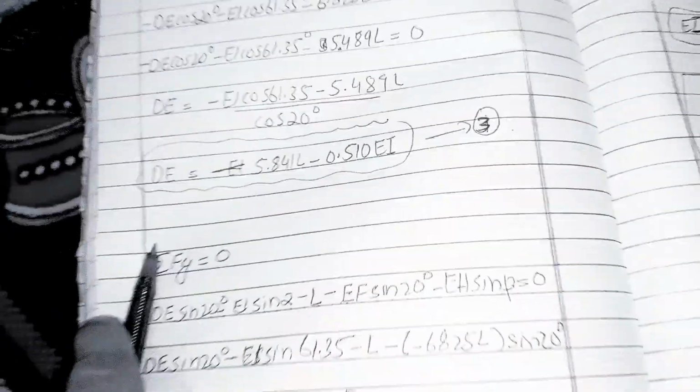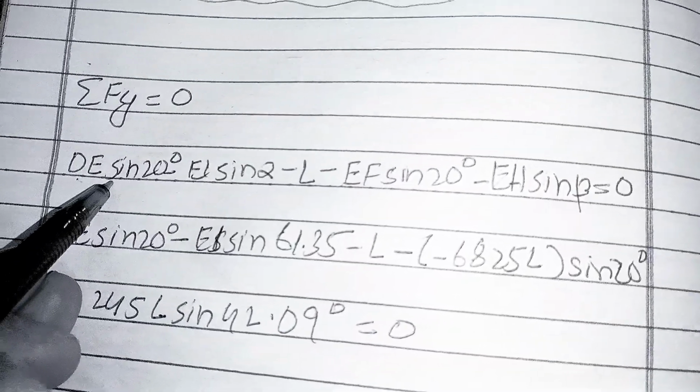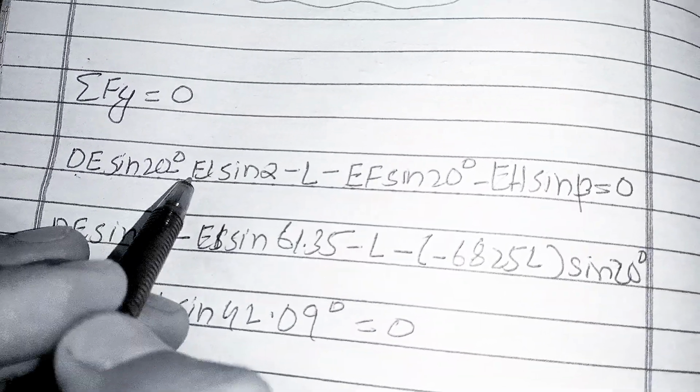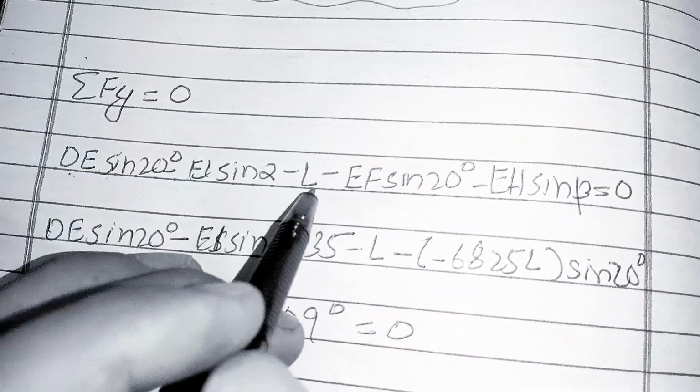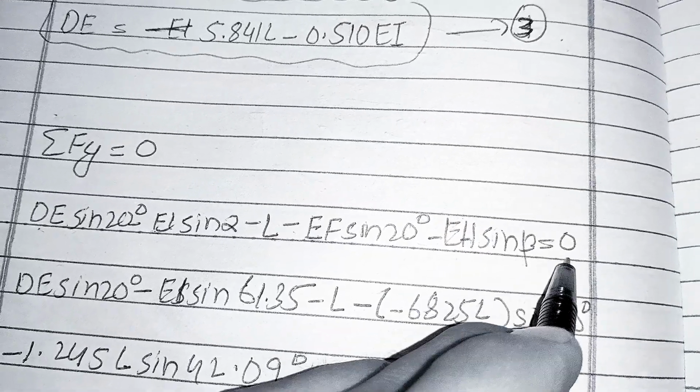Now summation of all vertical forces acting on this joint equal to 0. So DE sine 20 degree, negative EI sine alpha, negative L, negative EF sine 20 degree, negative EH sine beta equal to 0.